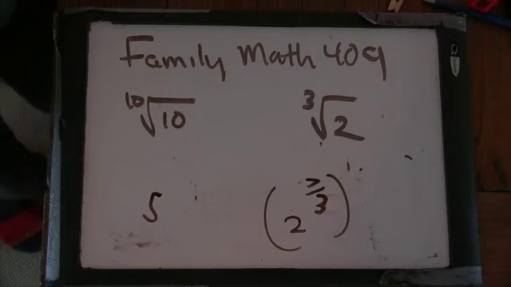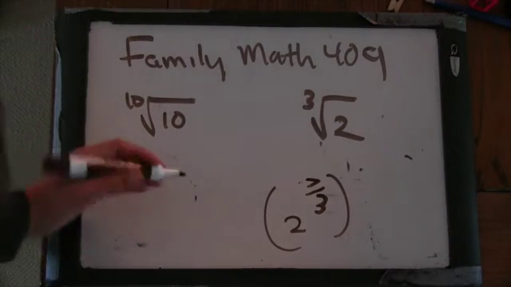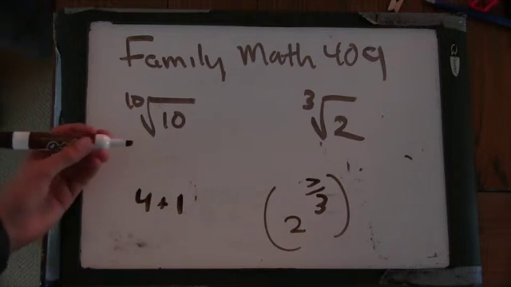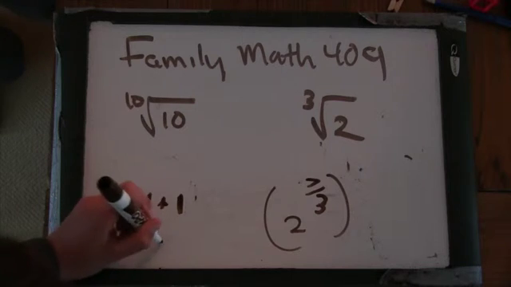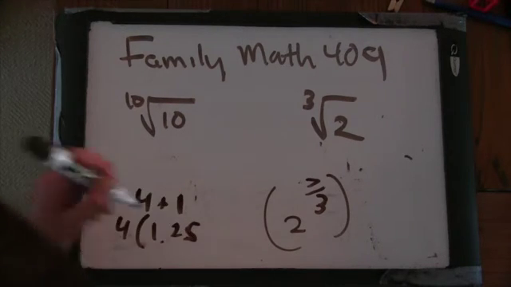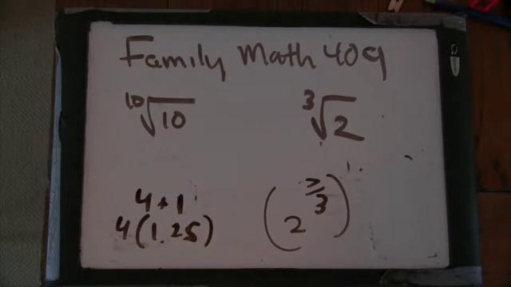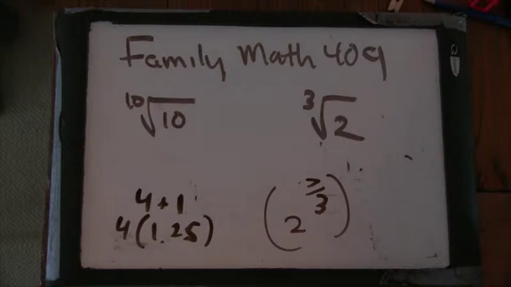Oh, okay. Because 5 is 4 plus 1, which is 4 times 1.25. But that's sort of getting into approximating what 2 to the 1/3 is.